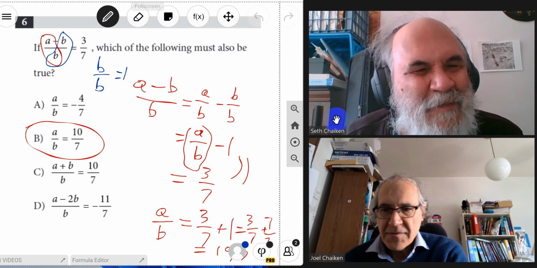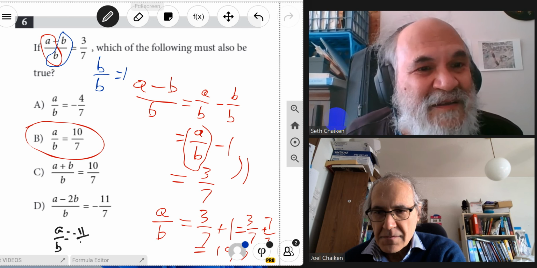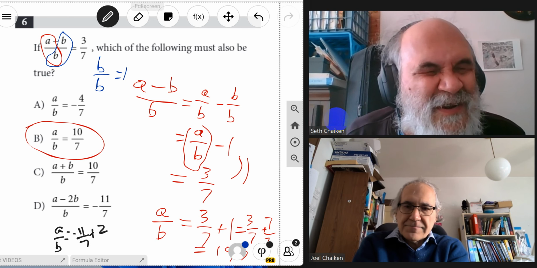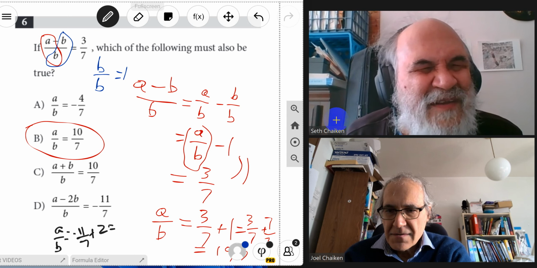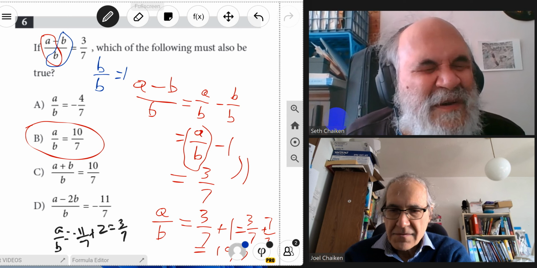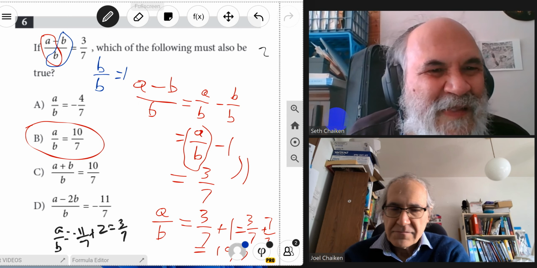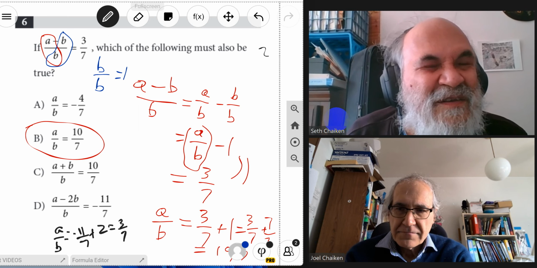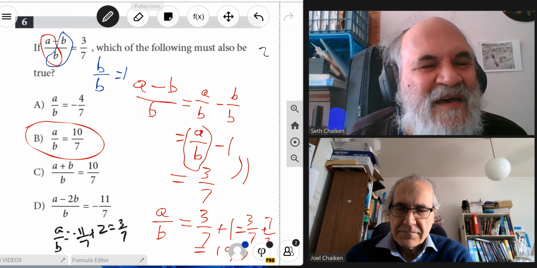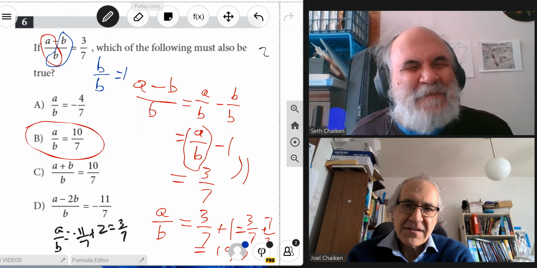Let's see, A over B is 3/7, so 3/7 minus 2 is not that. What is given implies that A over B is 10/7. Right, good.